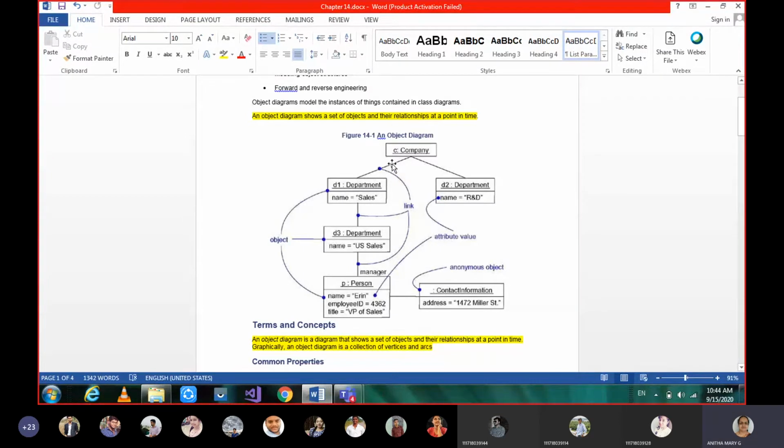But for their instances, C and D1, the connection between instances is given by a link. So in that scenario we can say association instance is link. I hope you understood this, all of you? Why are we saying link is an instance of association? Yes, ma'am, understood.